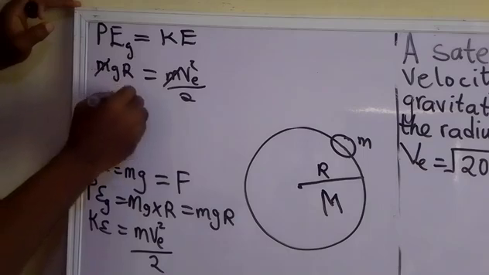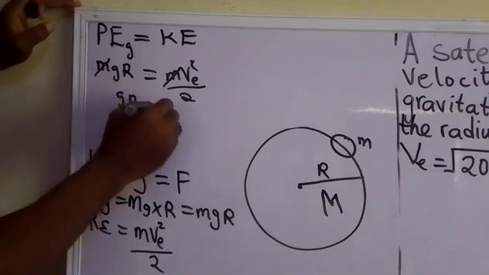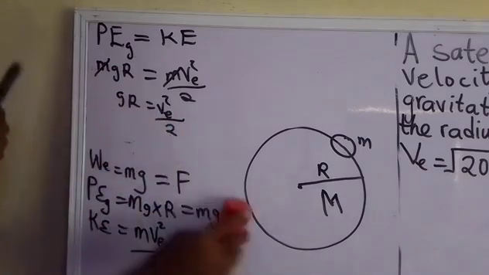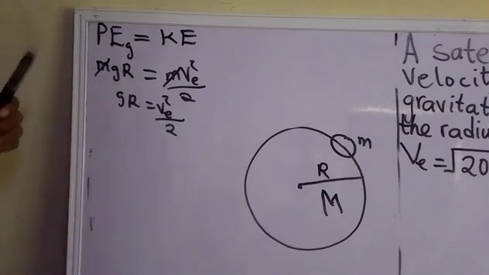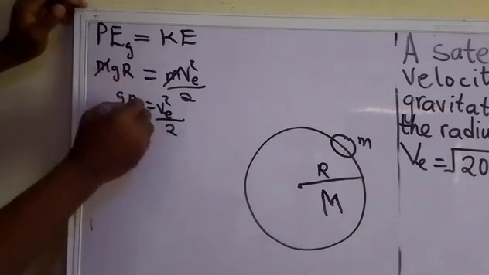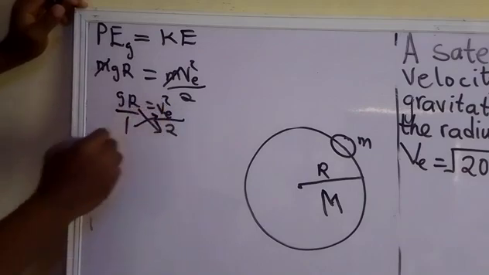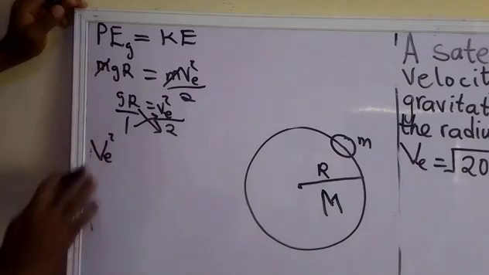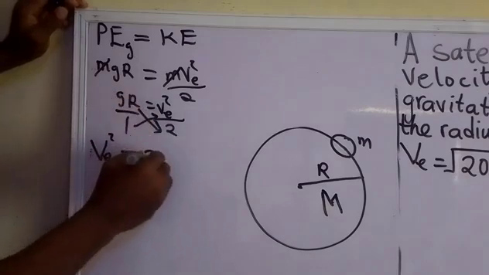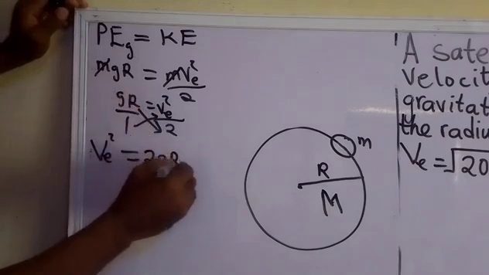So you have gR equal to v_e squared upon 2. Okay? When you cross multiply, you see that 1 times v_e squared will give you v_e squared equal to 2 times gR will give you 2gR.